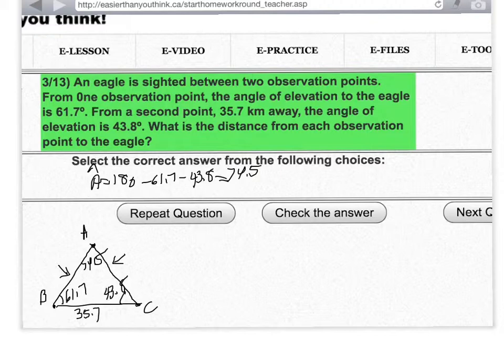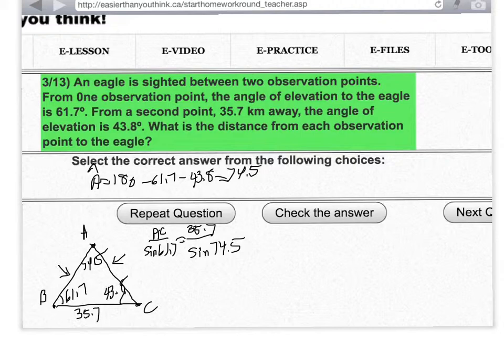To find AC, I write AC over sine 61.7 is equal to 35.7 divided by sine of angle A, which is 74.5.